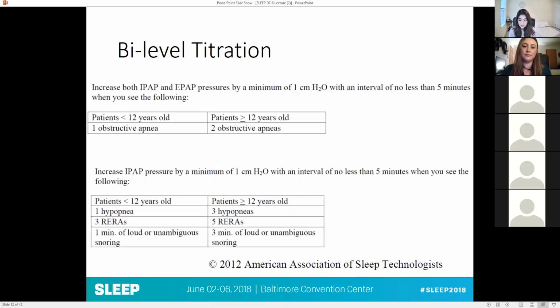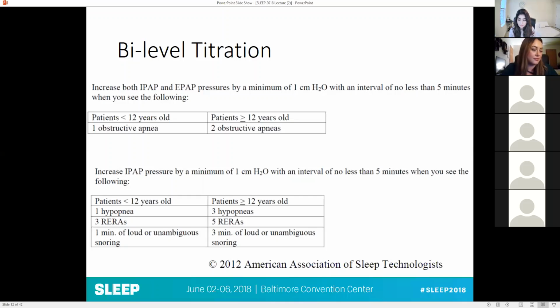One of the things I try to do, it's really a fine balance between being too aggressive and over titrating someone, but then you also worry when techs aren't aggressive enough and you don't get things optimized by the end of the study. So it is a really fine balance.